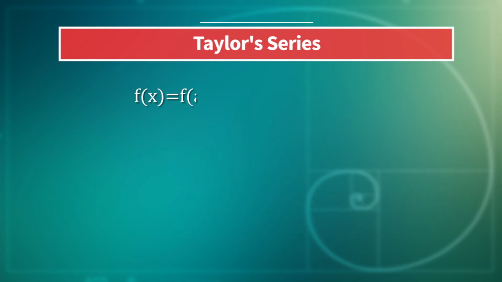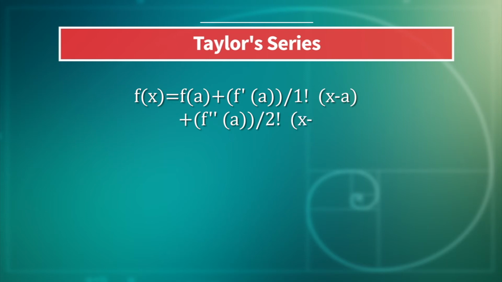If we have a function which we can differentiate, that is, we can find the derivatives of n orders, then that function can be represented by Taylor series with this formula.